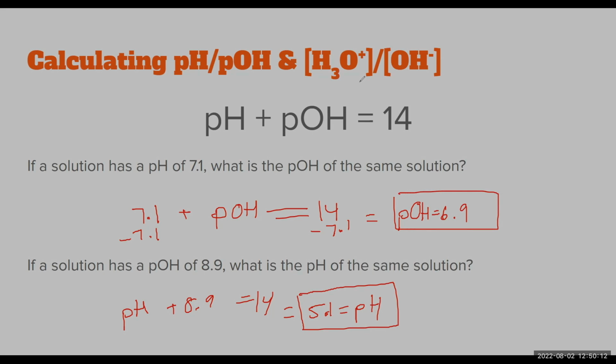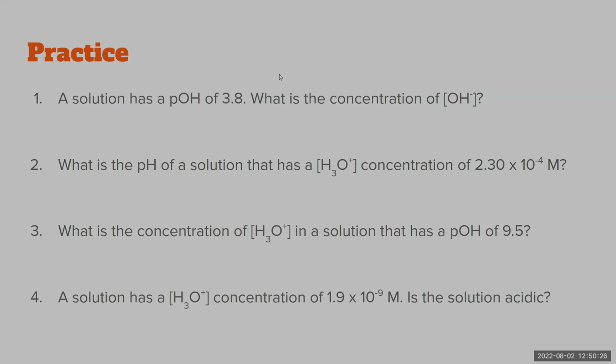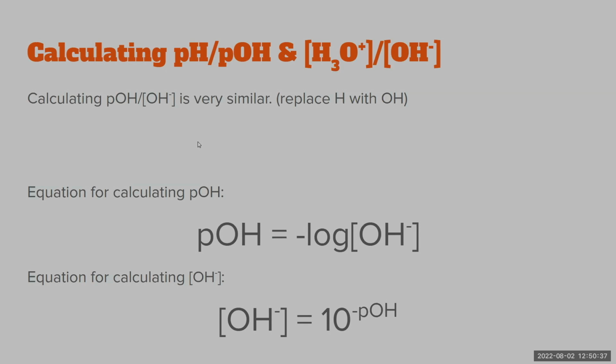And yeah, so these calculations are pretty straightforward. All right, so these last bit of problems, it's just going to be these 4 problems. It's going to be combining both the formulas you see on these slides.